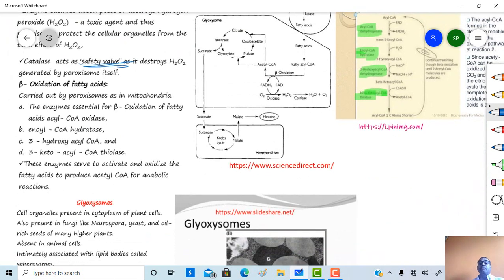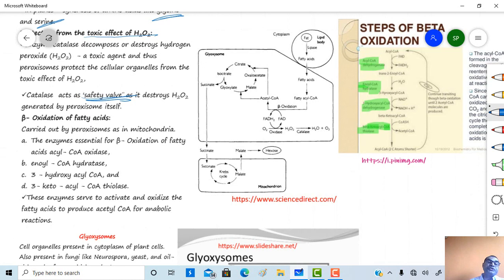The next function played by the peroxisome is beta oxidation of fatty acids.